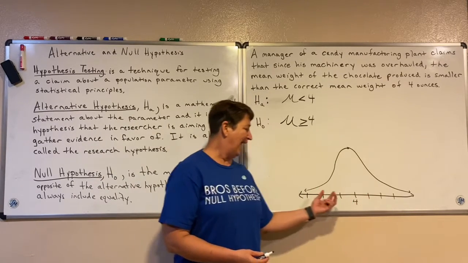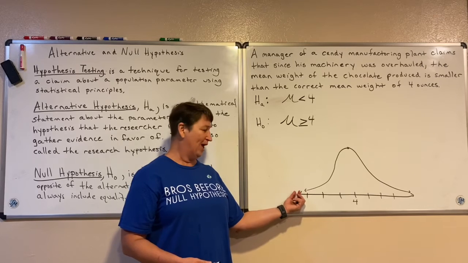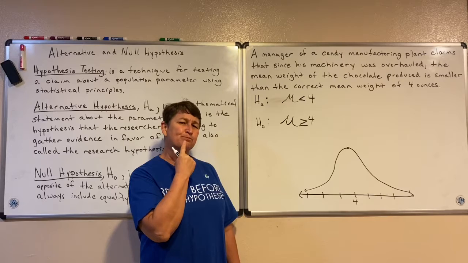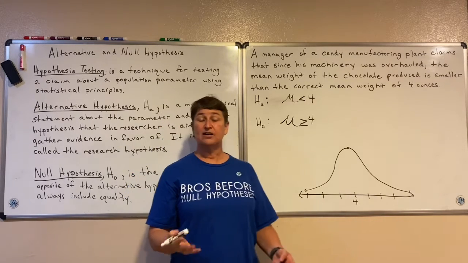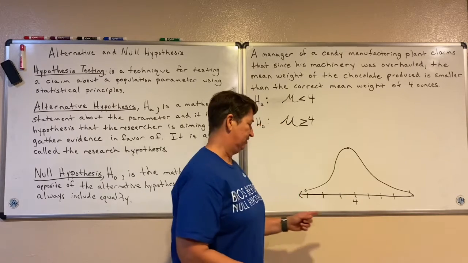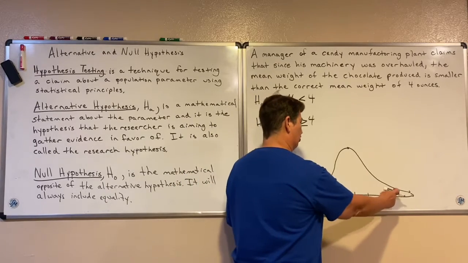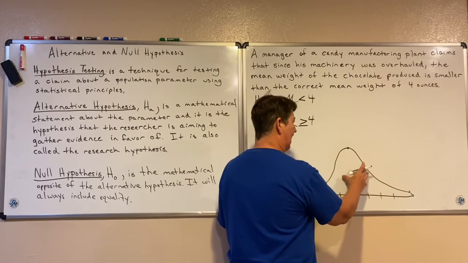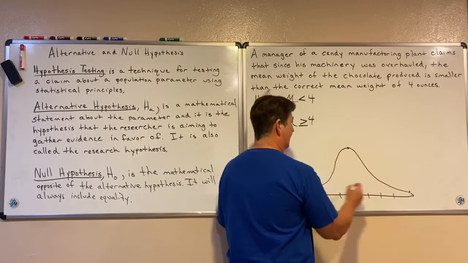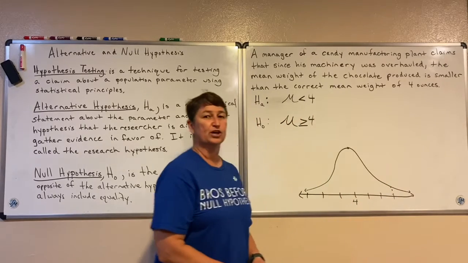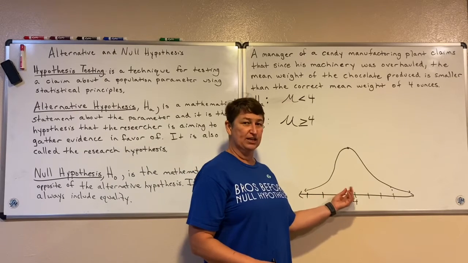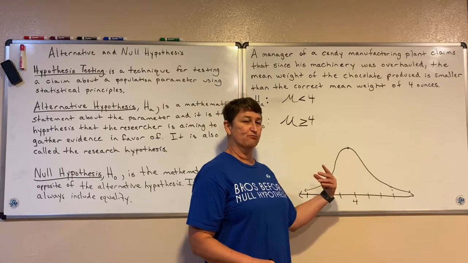If, however, I get some value way out here, then I can start to think to myself, that's really curious, that's weird. So that's the idea of this hypothesis testing, that we're going to assume that our null hypothesis is true, that we're going to get some value in here. And if we get some value in there, then we're going to say, well, we don't have enough evidence to show that the machine is doing something different.